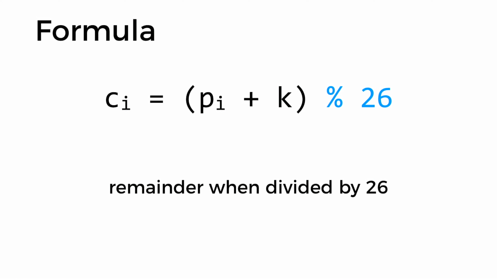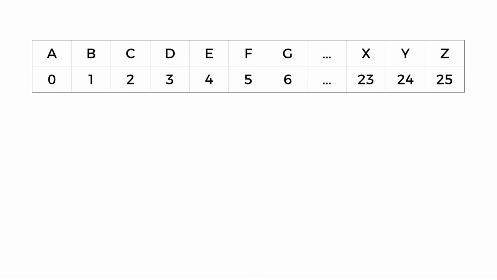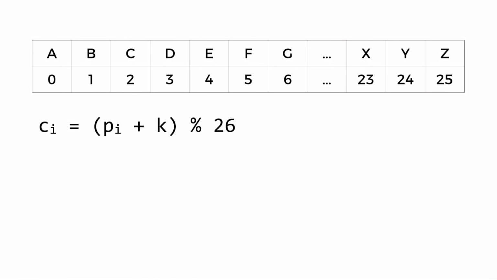Why does this work? Well, for sake of example, let's say that A is represented by the number 0, B is represented by the number 1, C is represented by 2, so on and so forth, up until Z, represented by the number 25. So how might I go about taking the character Z and shifting it by 1 using this formula? Well, the plain text character I want to shift is the character Z, which is here represented by the number 25.